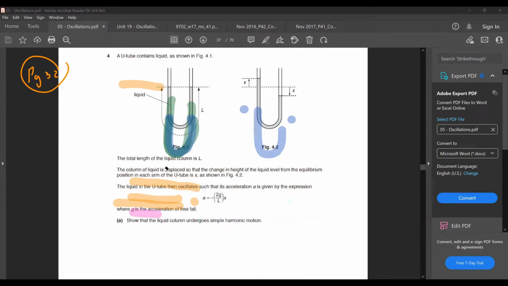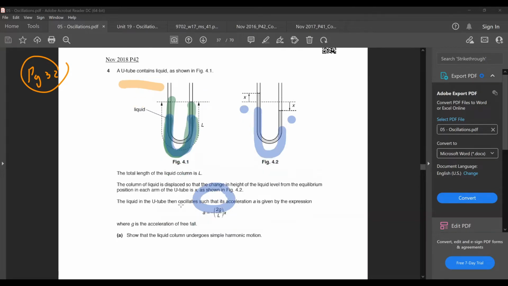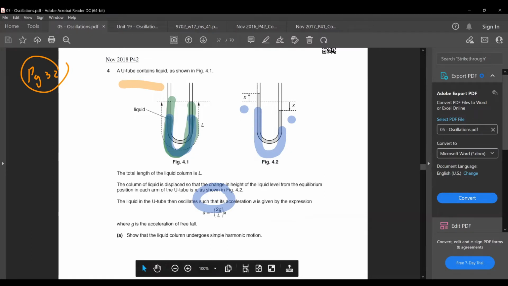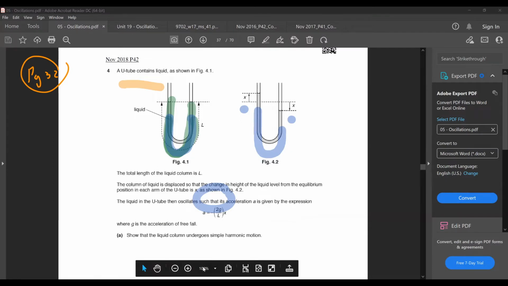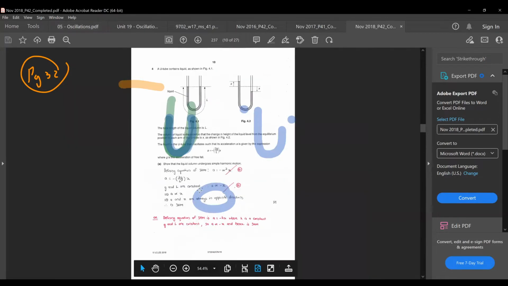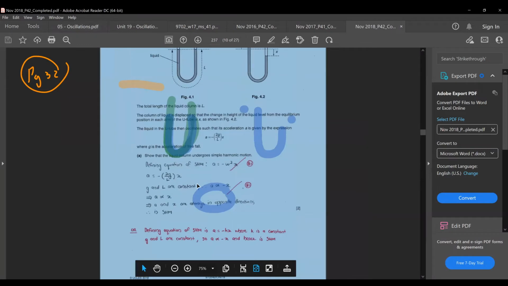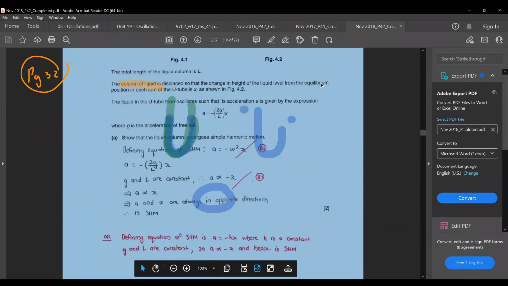It is just asking you to show that from this given equation, it is undergoing SHM. So what you can do is something like this. Wait, let me open up the question, November 2018, P42. How would you show that from that given equation, your object is undergoing SHM?